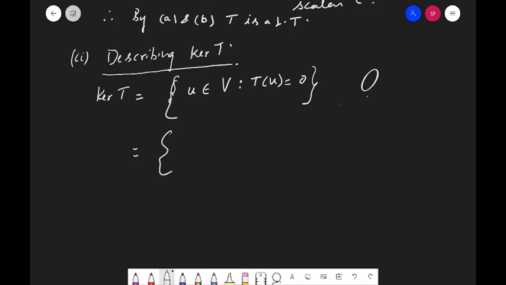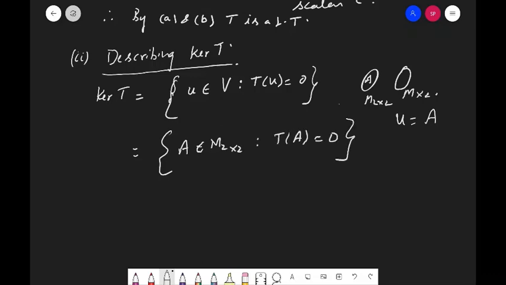The domain V is M2 by 2 for us, and the codomain is also M2 by 2. Each element in the domain is a matrix. So U is nothing but a matrix A in M2 by 2. So I'll take A belonging to M2 by 2 such that T of A is equal to 0.